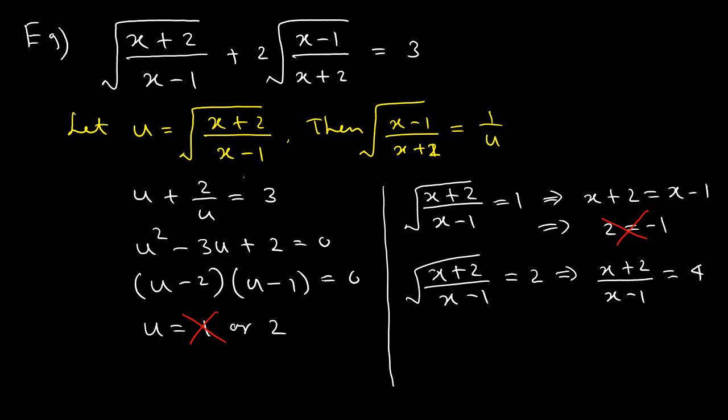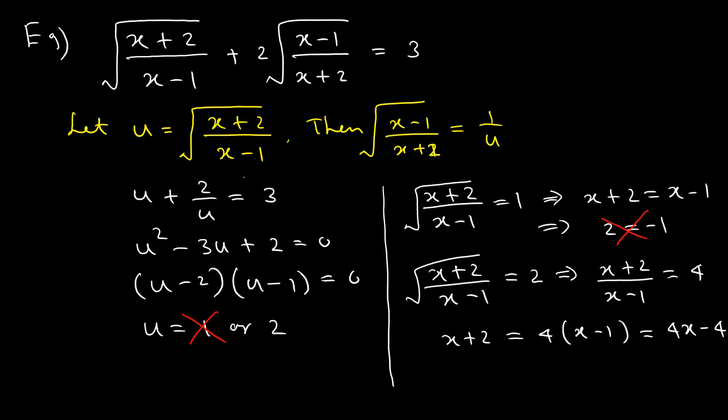Cross multiply, and you get x plus 2 equals 4 times (x minus 1). We can simplify this easily because this is 4x minus 4.